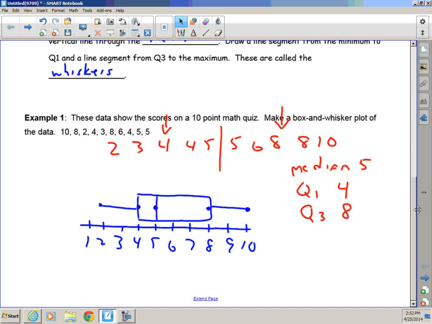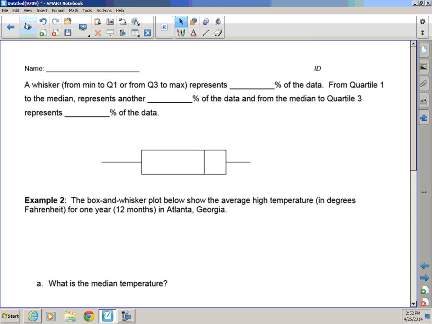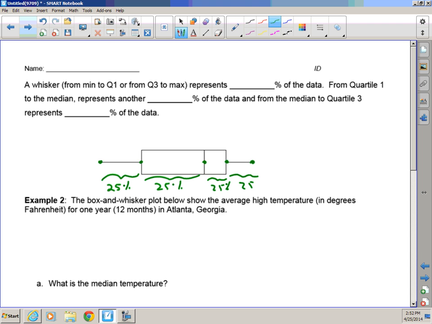Now, if you think about what a box and whisker does, and I'm going to show you this, I'm just going to put the dots here for a moment. What a box and whisker does is it breaks the data up into 25% groups. So this is 25%, this is the next 25%, this is the third, and this is the fourth.